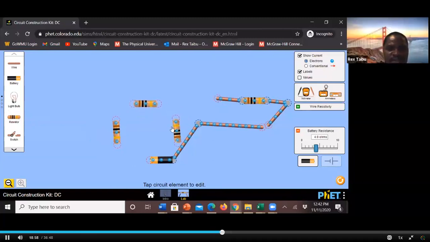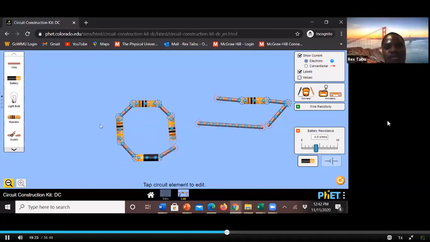As long as they are in series, in sequence, it's fine, but I just want to make sure there's no confusion. So the battery here, and then they have wires. The wire, I can actually do this, it doesn't matter. I don't need a corner. You can put another wire here.